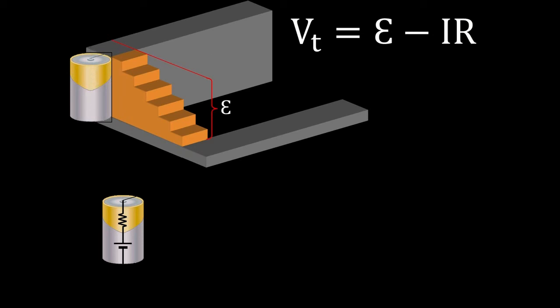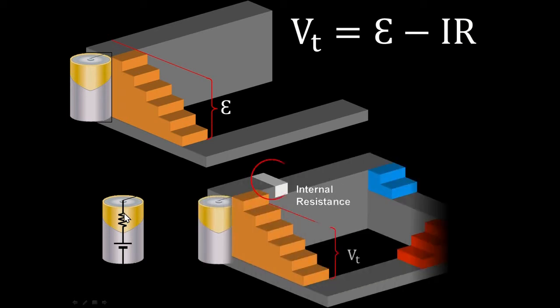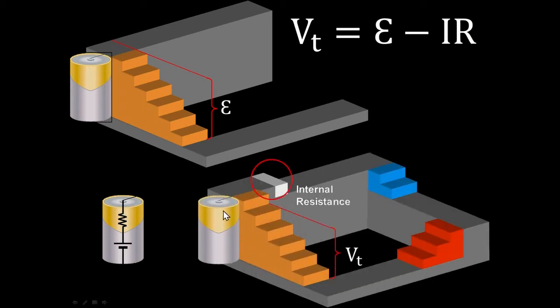But batteries have internal resistance. It's unavoidable. The electrons just can't perfectly freely flow through a battery. So not only does a battery provide EMF, it also has some resistance. And when you send current through a resistor, it drops the voltage. So as soon as I hook that battery up to a circuit and let things flow through here like this, I'm actually hooking it up just to 2 resistors in my diagram.